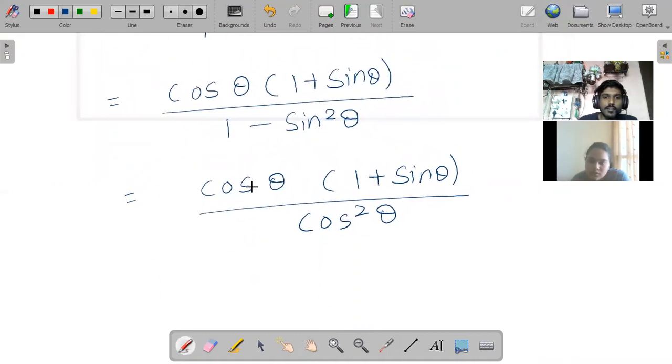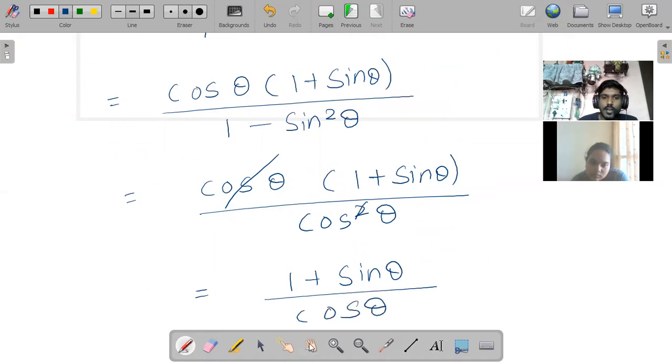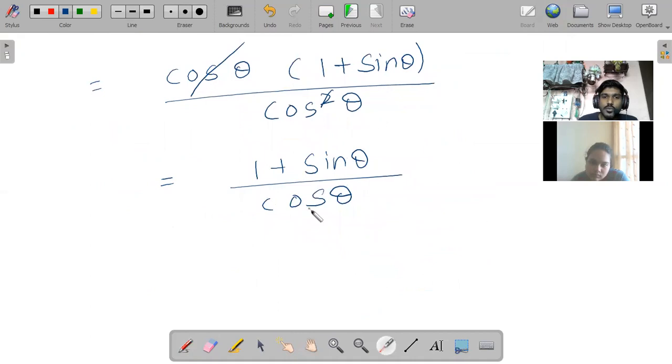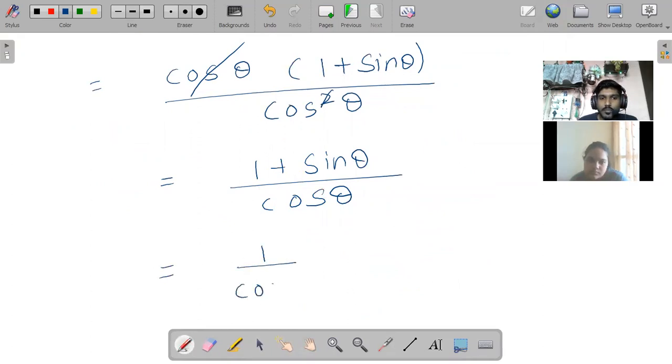Okay, so cos and cos you can cancel. So you will have 1 plus sine theta upon cos theta. And now you can separate the denominator. So by separating, it becomes 1 upon cos theta plus sine theta upon cos theta.